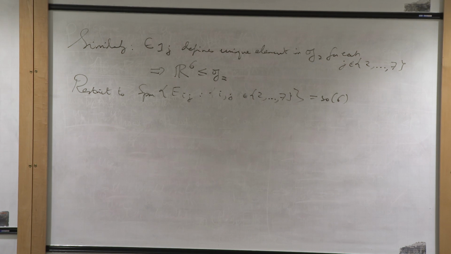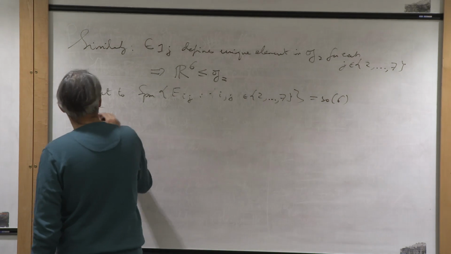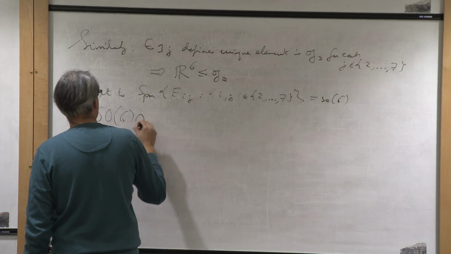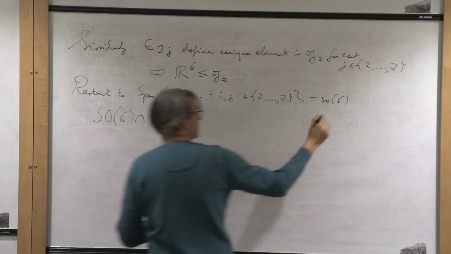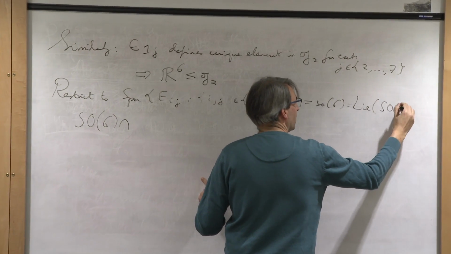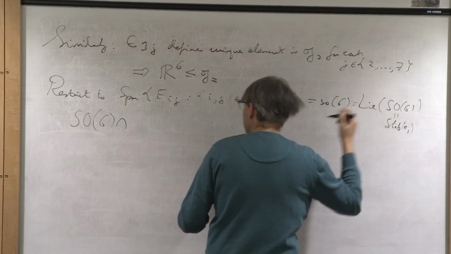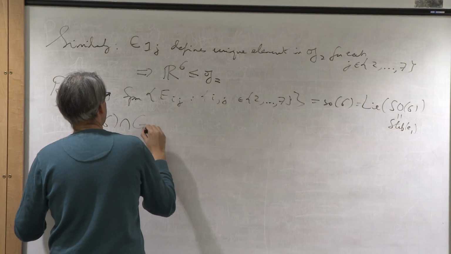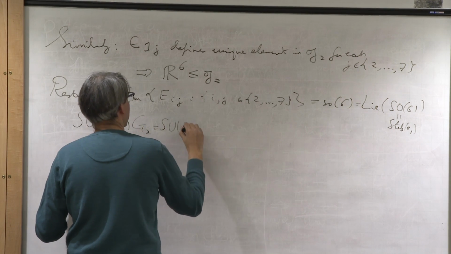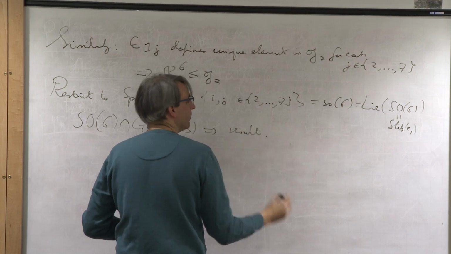So that means that SO6 intersect my G2 must be little su3. In fact, it's the same SO6, the Lie algebra of the SO6 I defined before, the stabilizer of E1. And I know that SO6 intersect G2 is SU3, so that gives me the result that I said.